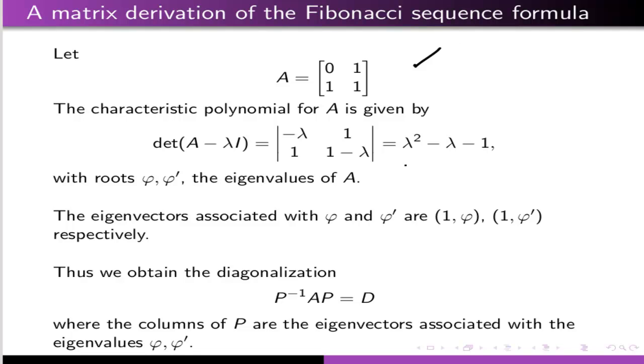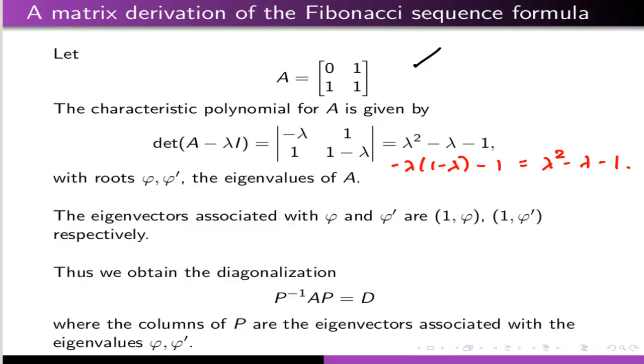And we get, let me just work that out over here, minus lambda times 1 minus lambda, minus 1, which is lambda squared minus lambda minus 1. The zeros of this quadratic are called the eigenvalues of the matrix A.